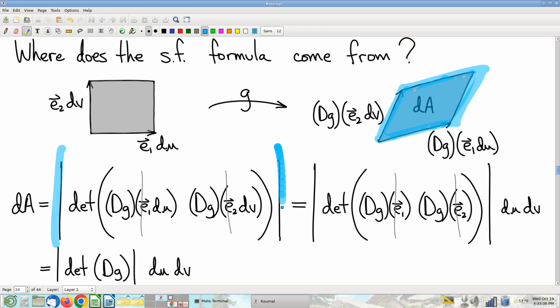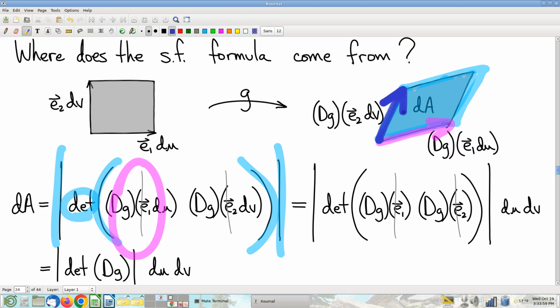It's the absolute value of the determinant of, and again, this is just a chapter 1 formula, a Math 218 formula, the vector defining one edge as the first column, and the vector defining the other edge as the second column.